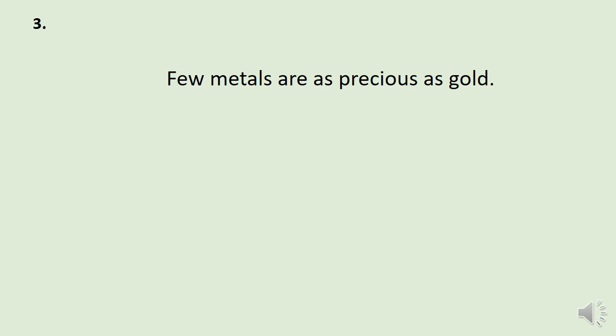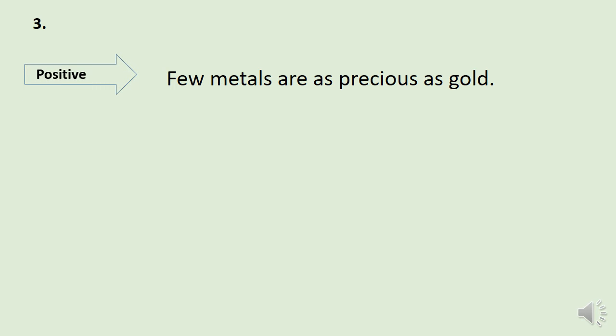Here we have another example, that is, few metals are as precious as gold. Dear girls, which is the form of adjectives in this sentence? The adjective is precious and it is in positive form. So, it's a positive degree.